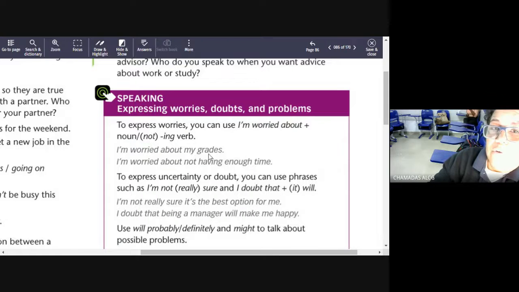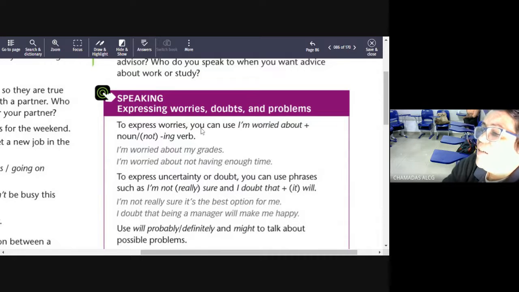That is a noun, okay? And here, I'm worried about not having enough time. Okay, so here we have a negative situation, but the verb is in the ing form. And in this case, we should use the word not.